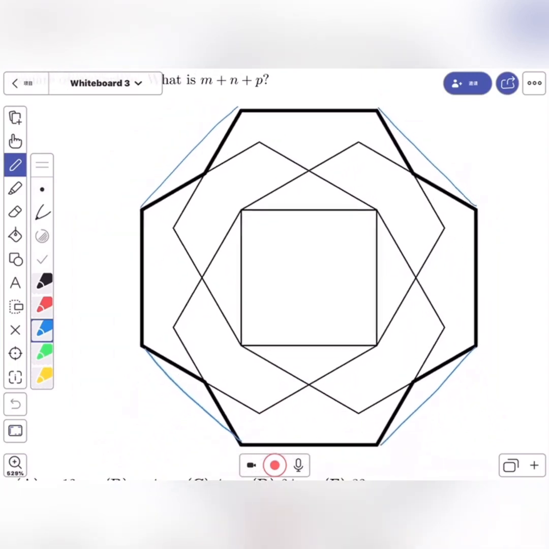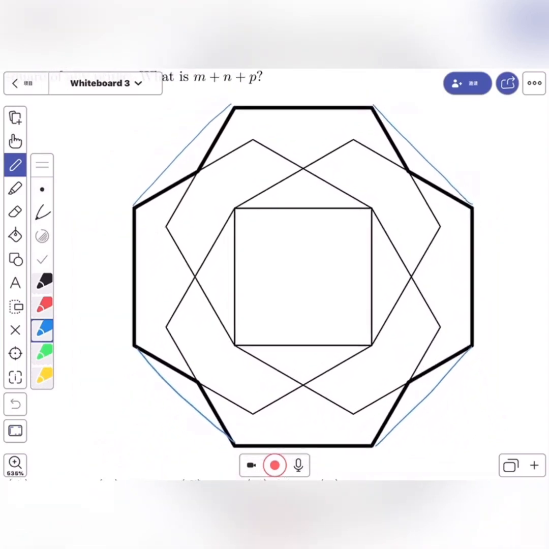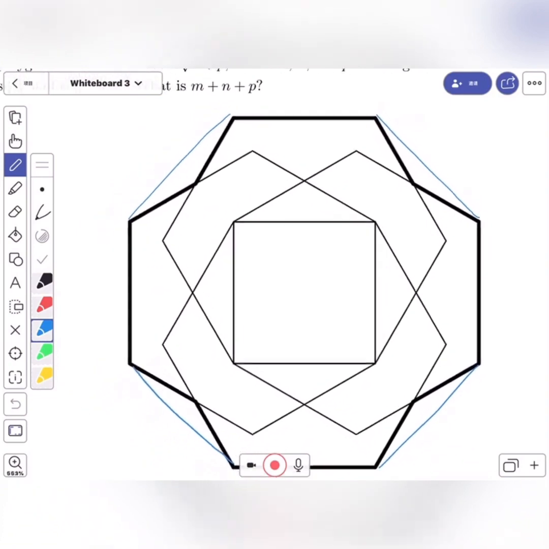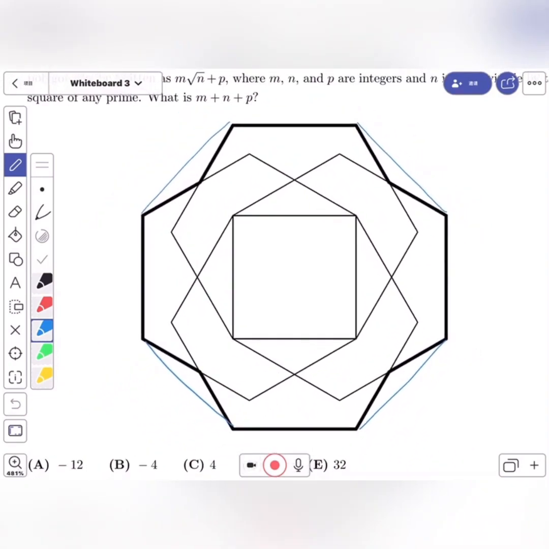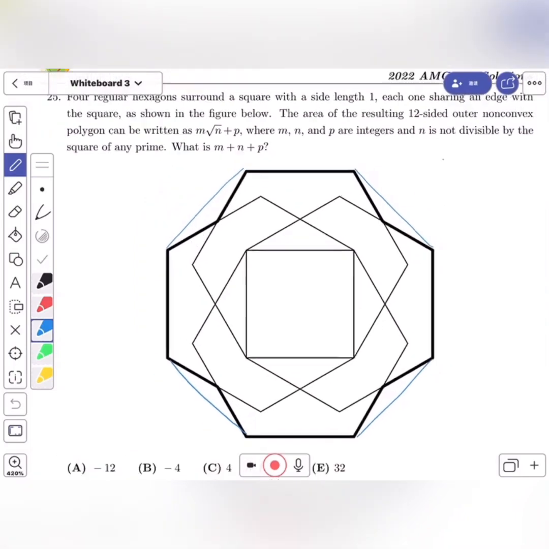So now, if we just fill in these lines, we can see we actually got an octagon. And let's just try to find some side lengths.